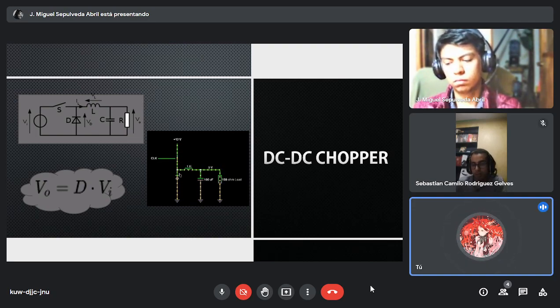The capacitor continues to discharge its energy to the load, and the chopper consists of that. The switch goes between the first and second positions very fast, so the coil is charging and discharging all the time, and the capacitor is the same. So the voltage maintains the same value.